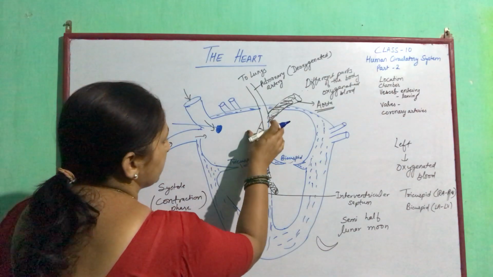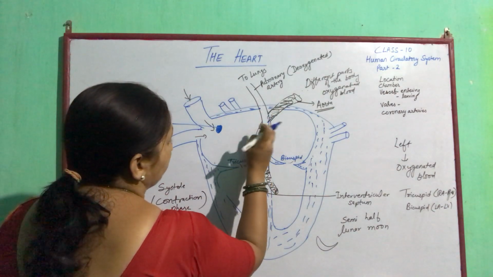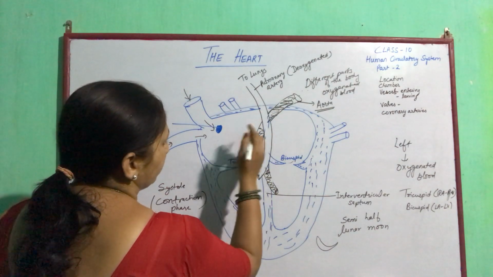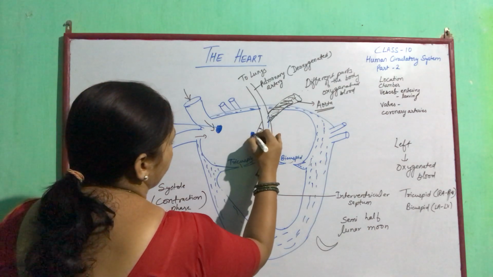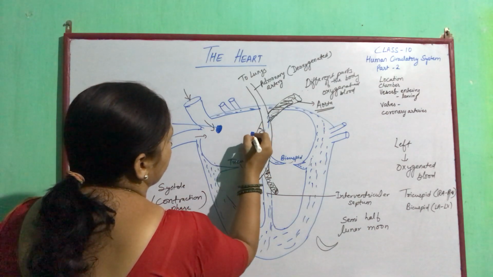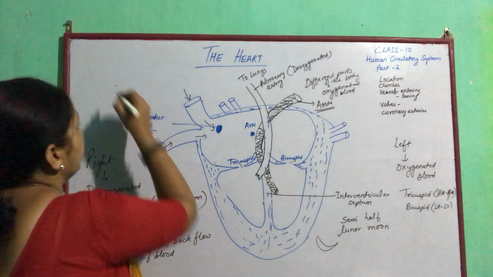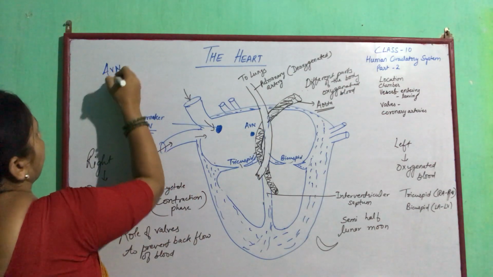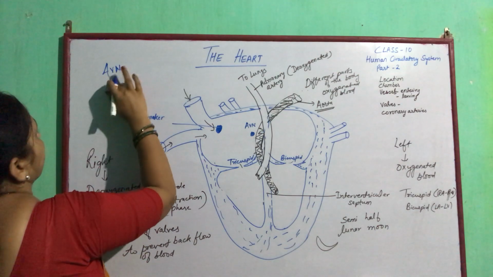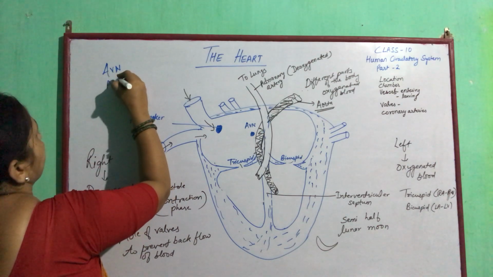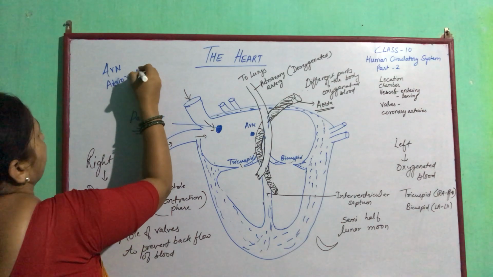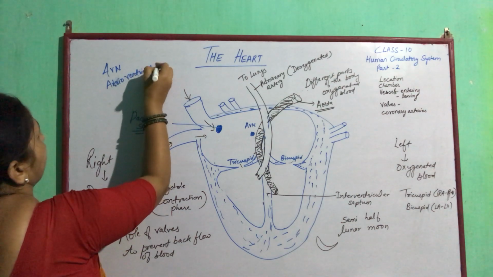Just towards the interauricular septum, the AV node is present. AV is for atrioventricular node.